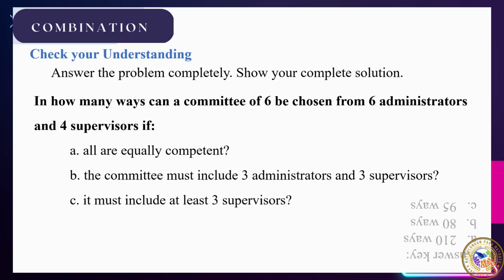And letter C, it must include at least 3 supervisors. So kung makikita nyo, nandiyan yung answer key natin. Letter A, the answer is 210 ways. Letter B is 80 ways. And letter C is 95 ways. So, yan yung magiging guide nyo para malaman nyo kung tama yung solution at yung sagot nyo na makukuha nyo after answering that problem.